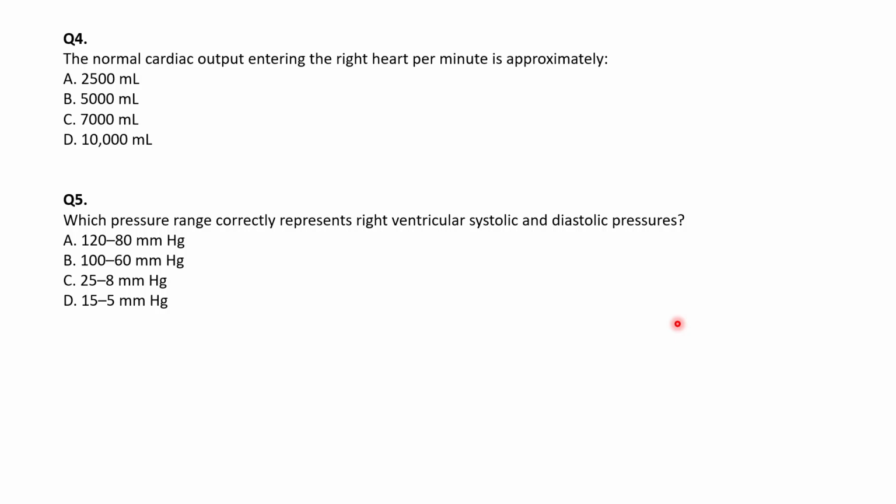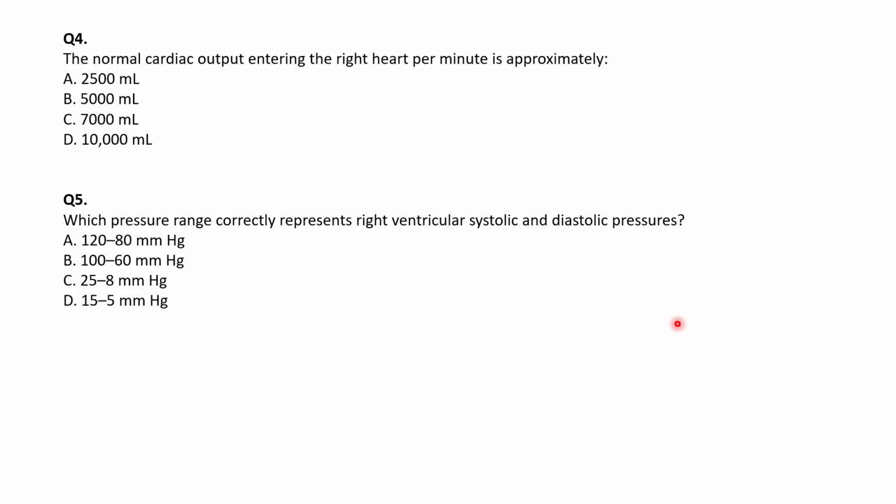So why is that? Because for right ventricular pressures, which are normal for an adult at rest, the right ventricular systolic pressure is roughly between 15 to 30. So on average, 25 mmHg, and diastolic is 8.